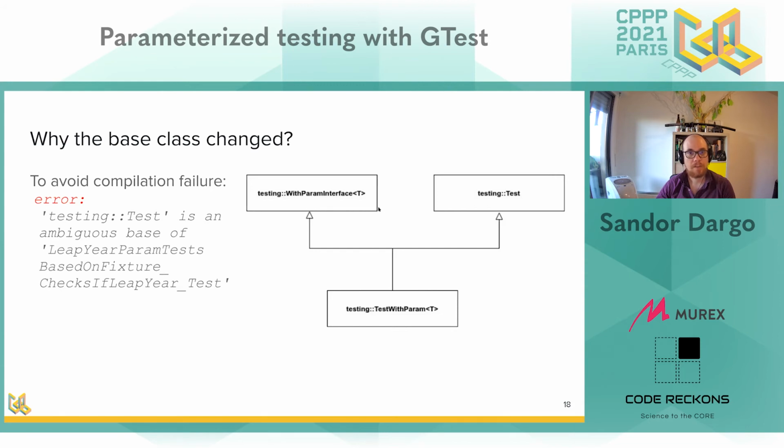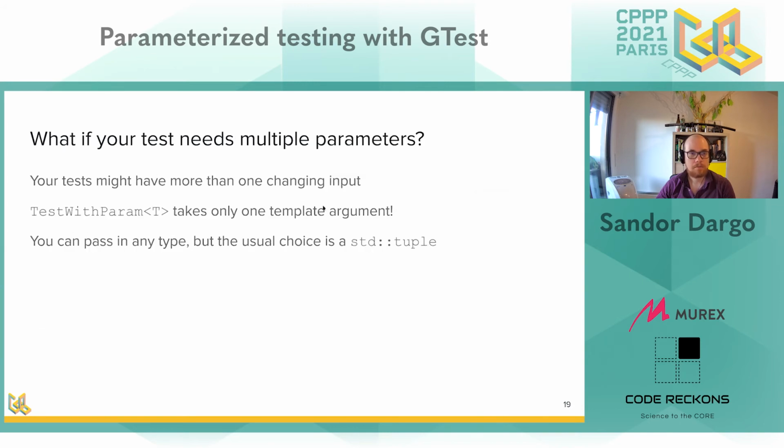Therefore, we should go with testing::WithParamInterface<T>. Then we do the same things as we declare our fixture as we used to do before.